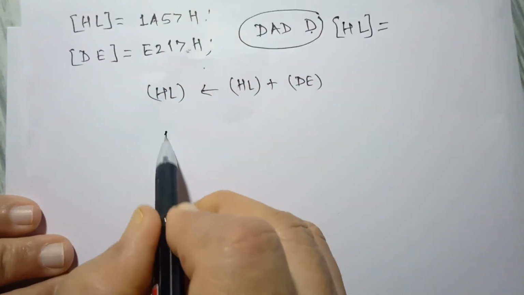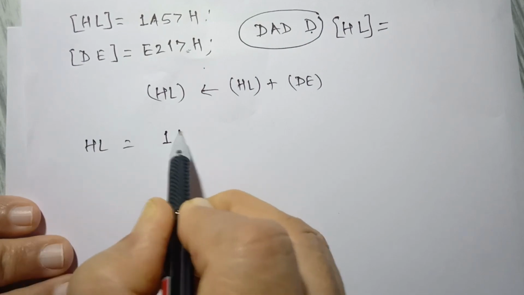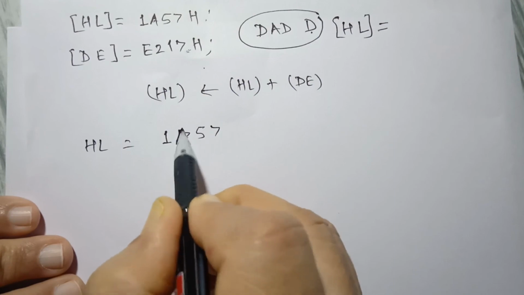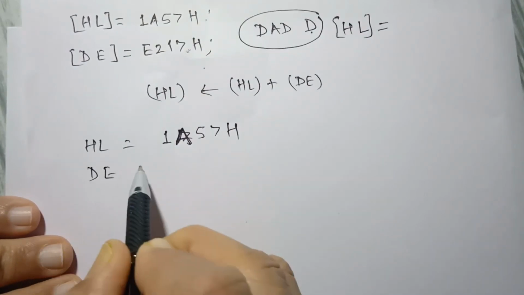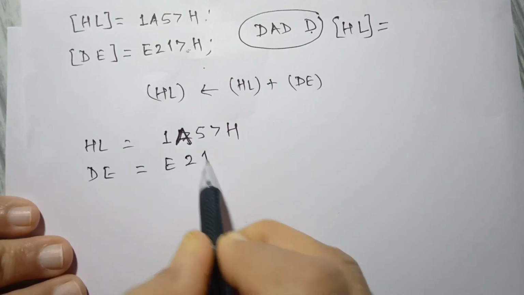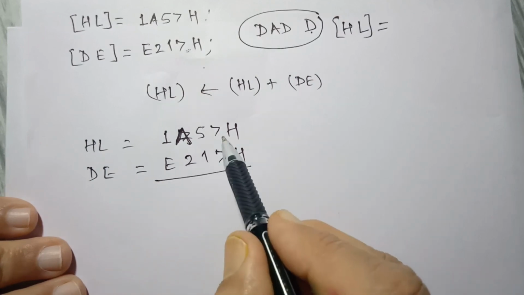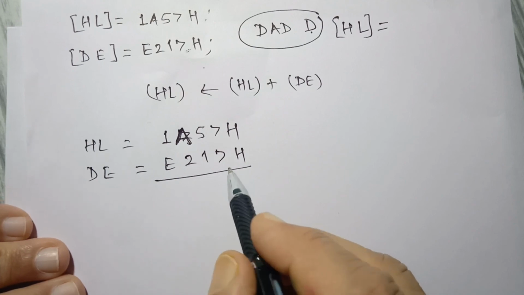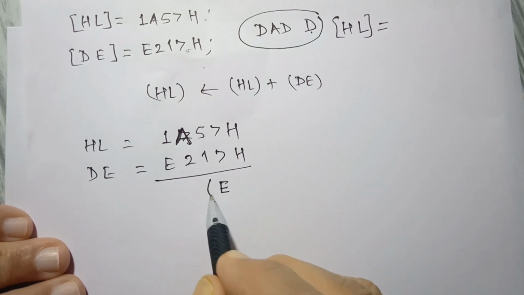So you have the first number in the HL pair, 1A57 hex, and in DE we have E217 hex. So 7 plus 7, that is 14, but 14 is expressed in hexadecimal as E. 5 plus 1 is 6.